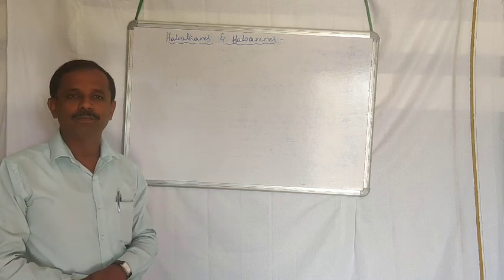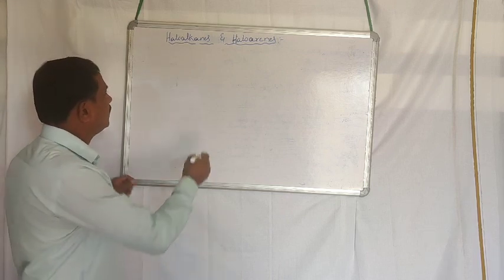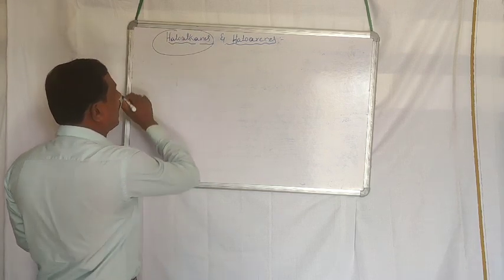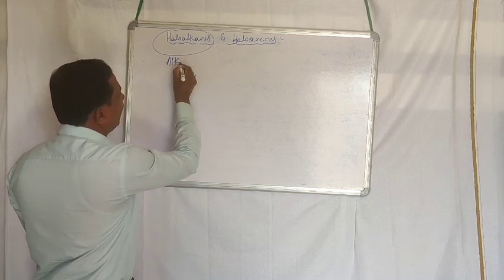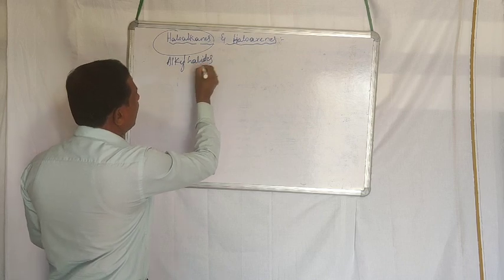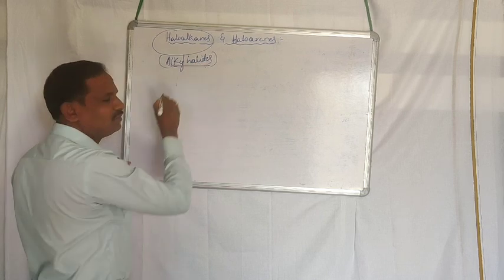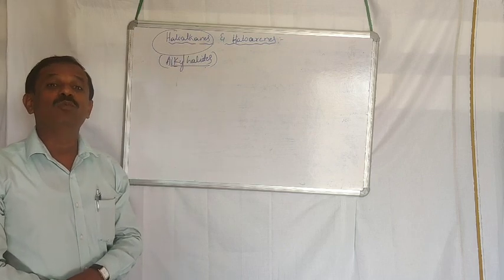We will discuss haloalkanes first. What are haloalkanes? Haloalkanes are also called alkyl halides. Alkyl halides is the trivial or common name, and haloalkanes is the IUPAC name.